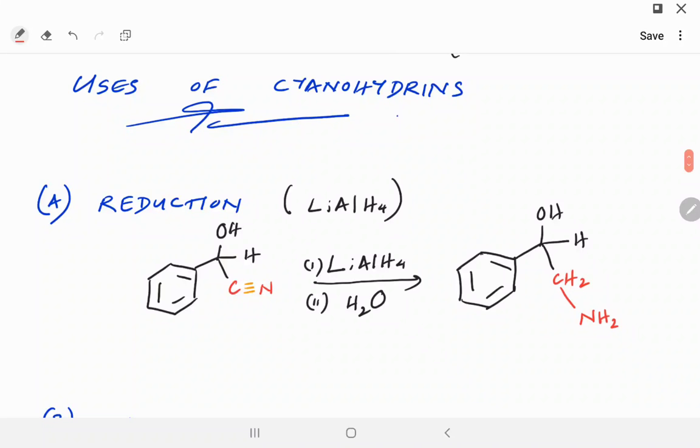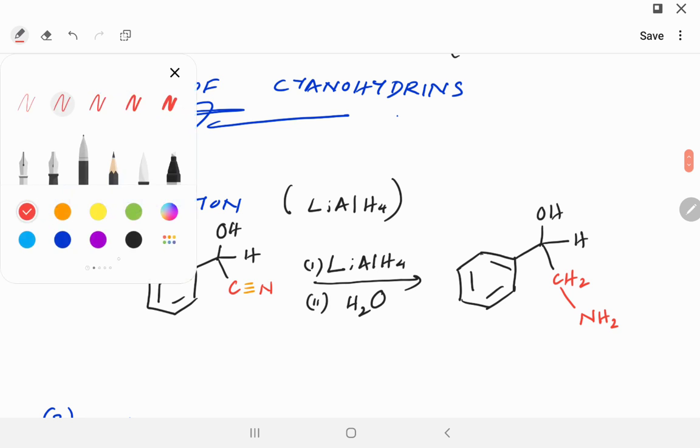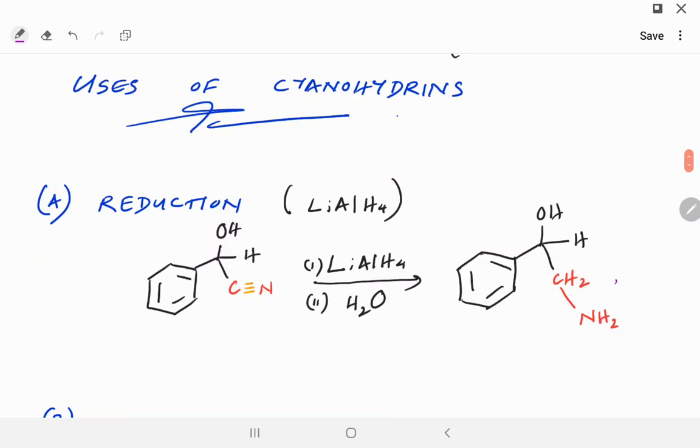So this is a very important reaction. Why? Because this reaction will give you a primary amine, which is this one right here. This right here is a primary amine, and also that compound will also have an OH group.